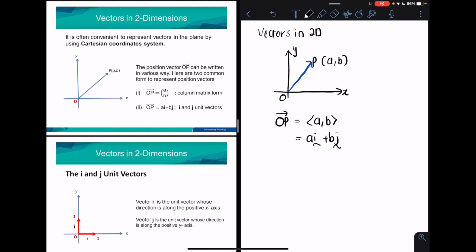I and J are unit vectors, such that I represents the unit vector whose direction is along the x-axis. Meanwhile, J represents the unit vector whose direction is along the y-axis. So from here onwards, A represents the horizontal component of the vector, meanwhile B represents the vertical component of the vector.